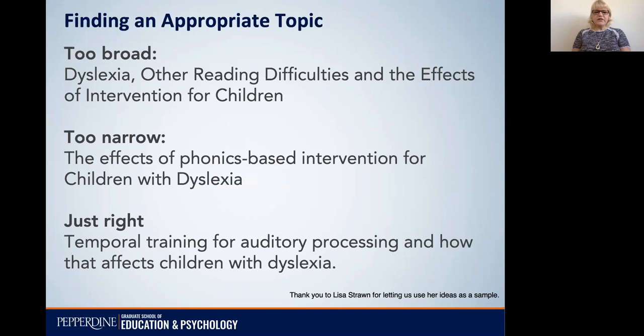And then she found that after time, she went to this more generalized, but still pretty broad enough topic: temporal training for auditory processing and how that affects children with dyslexia. Again, only focusing on one reading difficulty and one intervention.